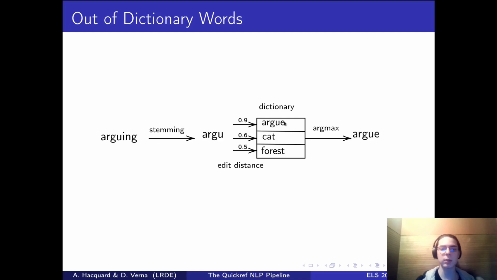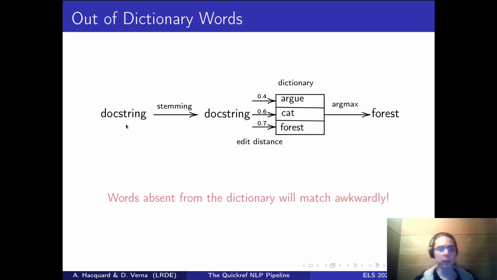But let's see an example with a word whose lemma is not directly in the dictionary. So the word docstring will be stemmed to docstring because it is its own root, and then we will compute an edit distance between this root and all of the words of our dictionary.